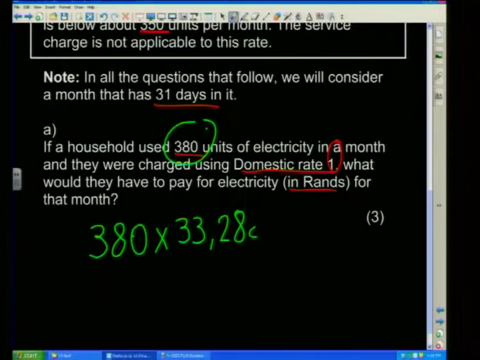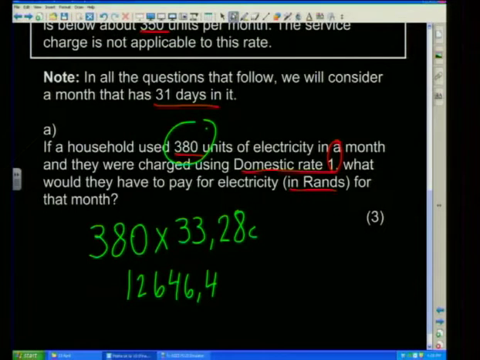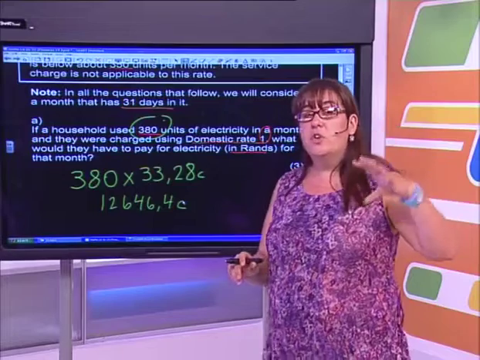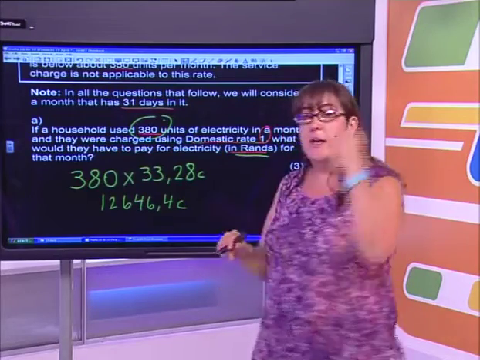That equals, now I don't have a pen. Right, it was 12646.4. Just double checking that number, 12646.4. Remember, that was cents. Now I need to convert it to rands because the question asked me to give my answer in rands.